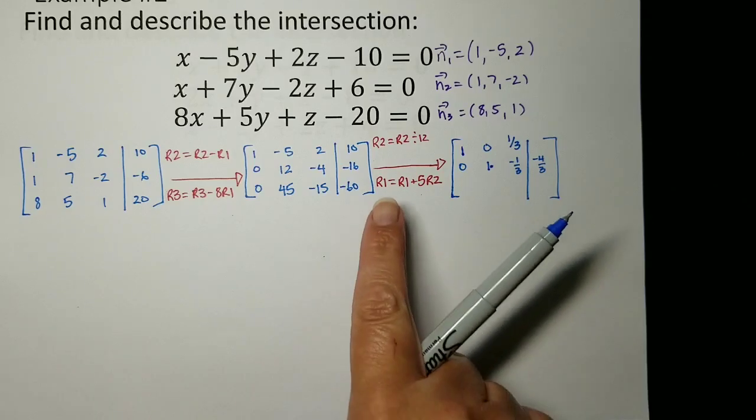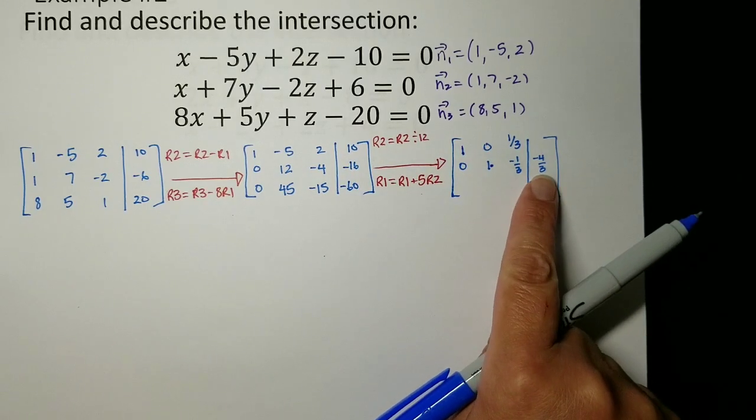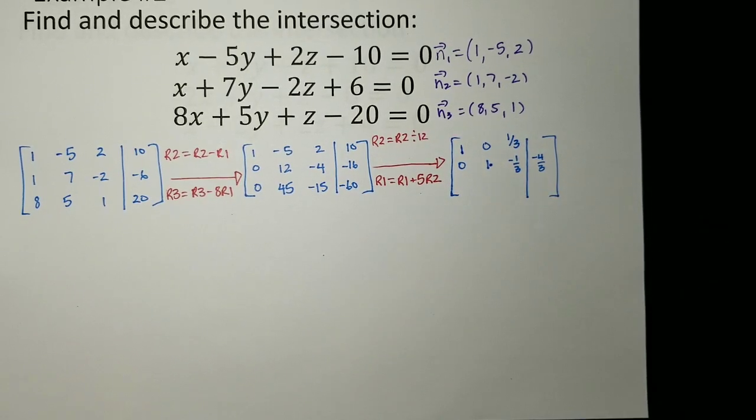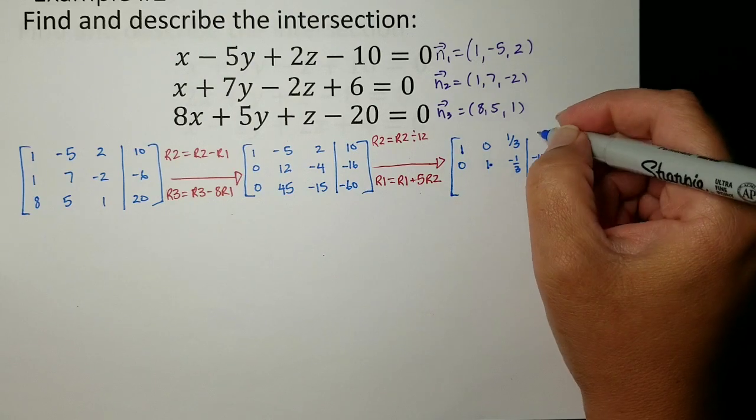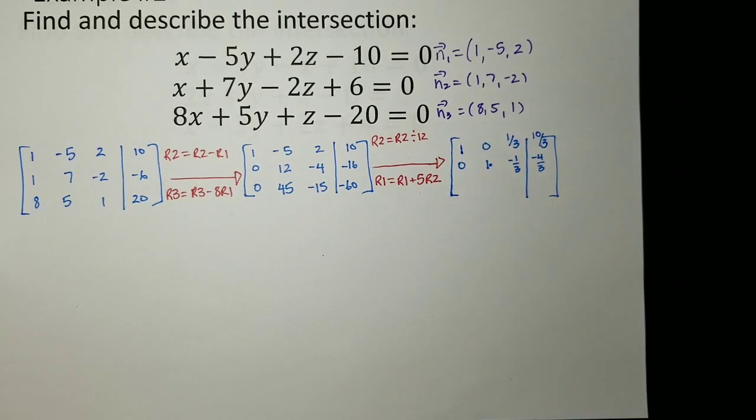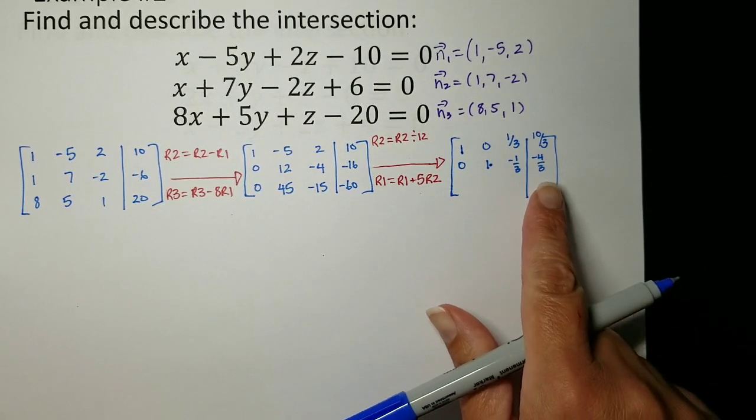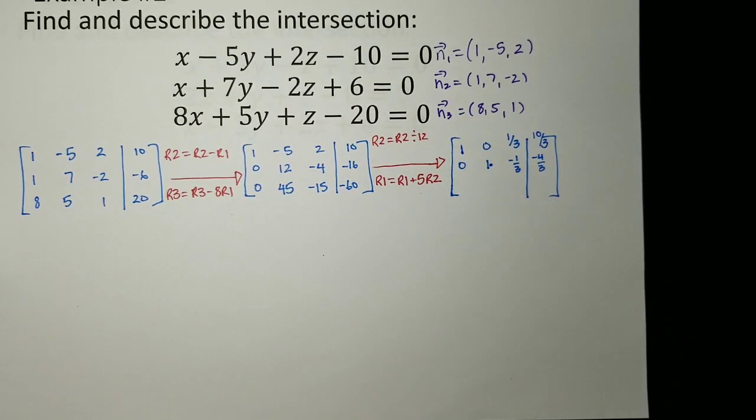And then I have 10 plus 5 times negative 4/3, which is 10/3. So I'm getting a little crowded in there. I should have made my matrix bigger dealing with fractions.